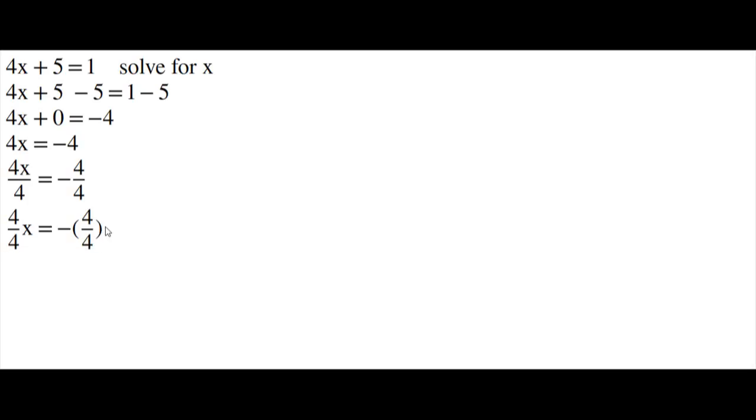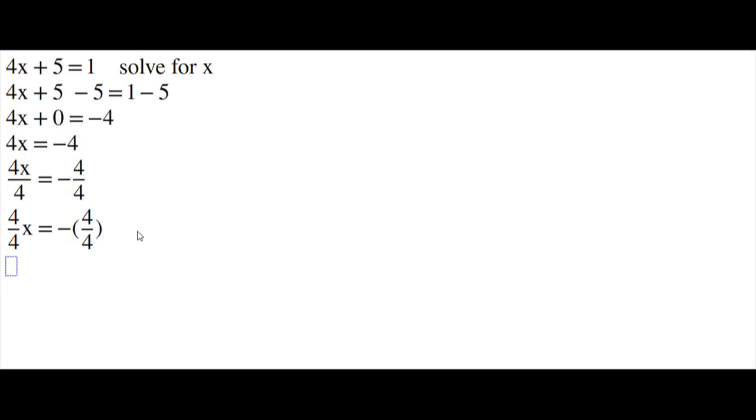Okay, so for those of you who don't know, any number divided by itself is equal to 1. Okay, and as you can see here, this is the same as this. So if this equals 1, so does this.